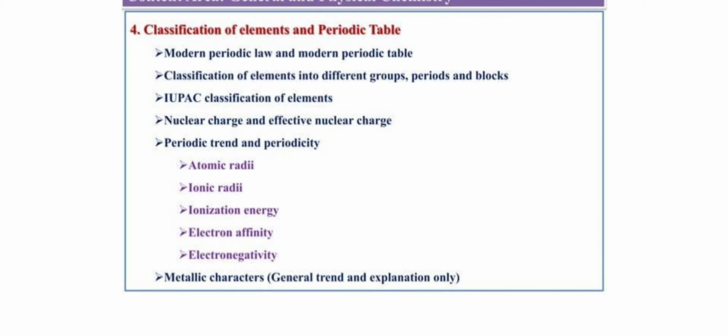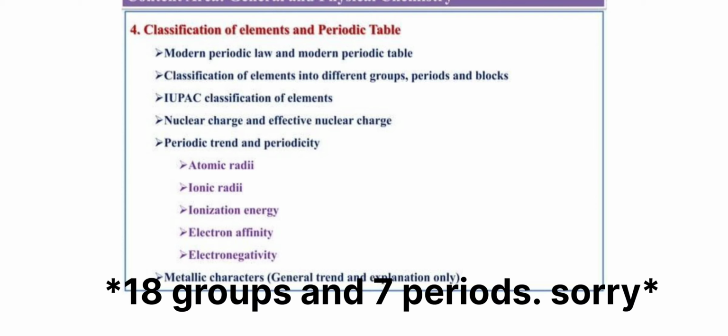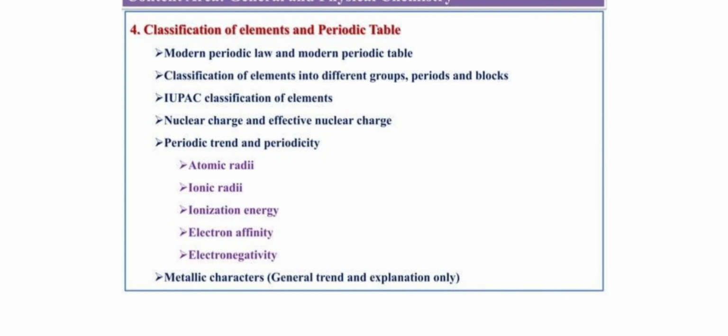Classification of elements and the periodic table. Modern periodic law and modern periodic table. The classification of elements into different groups, periods and blocks. There are 7 groups and 18 periods. The IUPAC classification of elements: in chemistry, every element should be classified according to the International Union of Pure and Applied Chemistry.